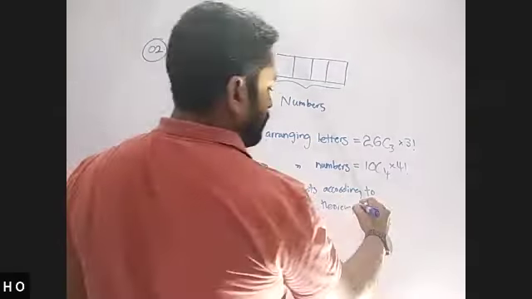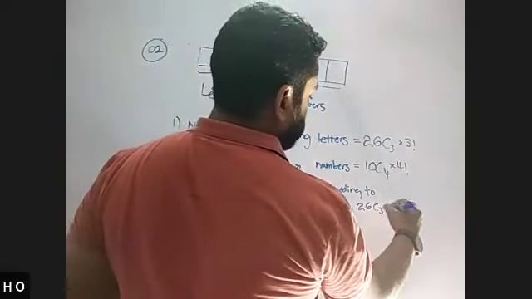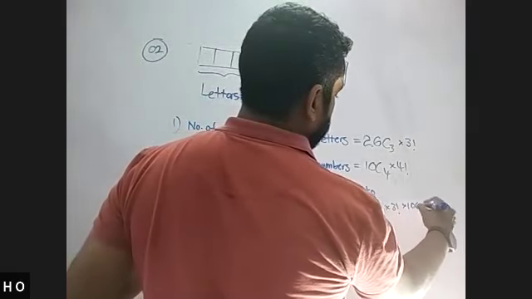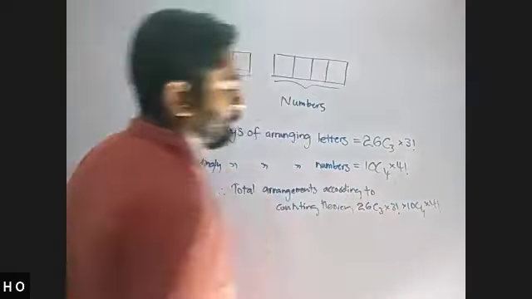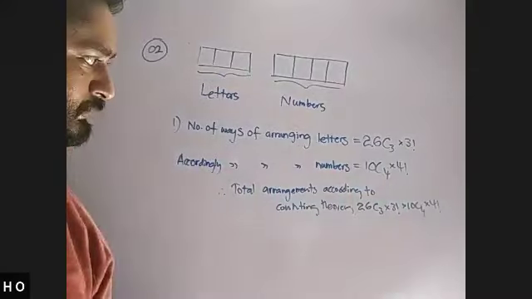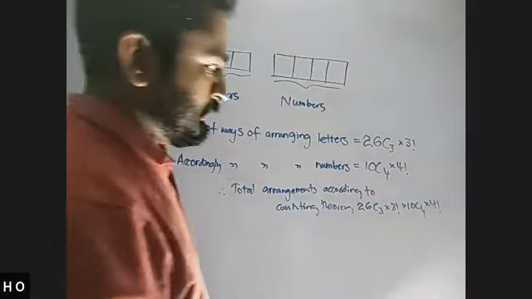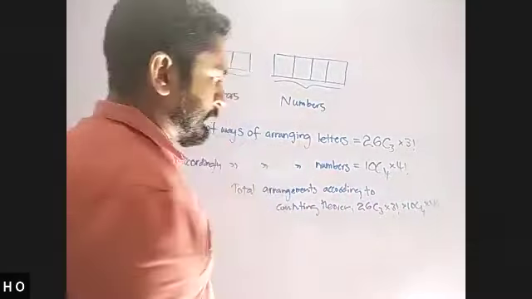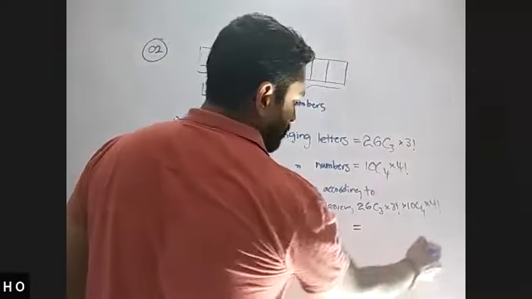So how many? 26 C 3 into 3 factorial, 10 C 4 into 4 factorial. That is going to be the final answer. You have to calculate it then. Write down the final answer here.